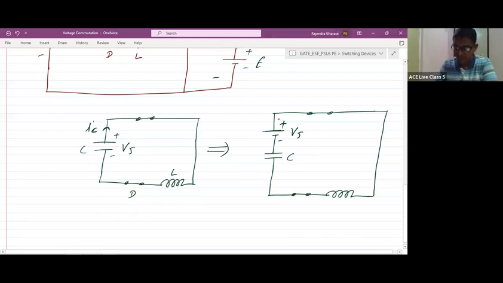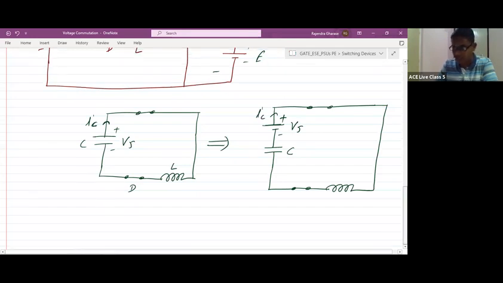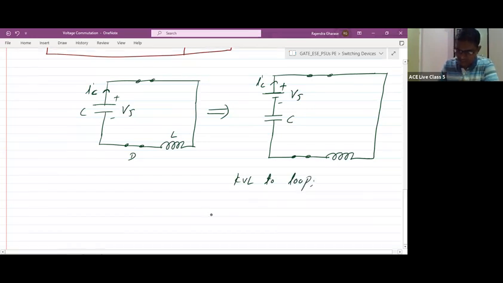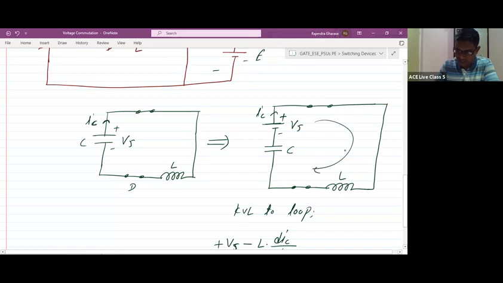So now, can we apply KVL to this loop? This is IC, na? If we apply KVL to the loop, we get plus Vs minus L into dIC by dt, because the actual current flowing here is IC, and the same current is flowing here.